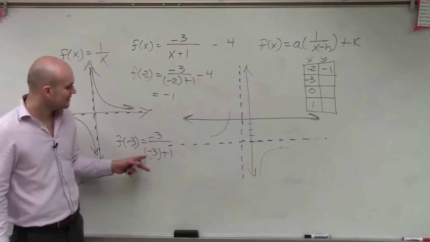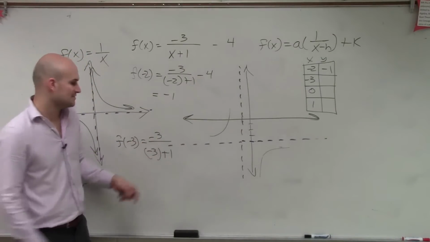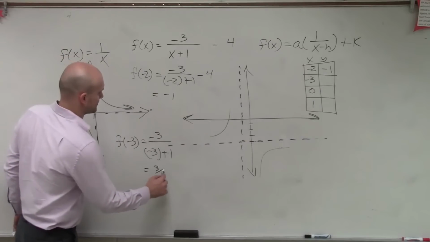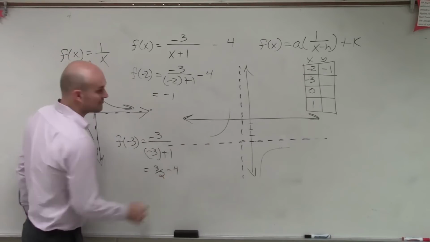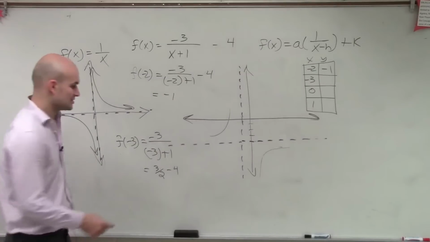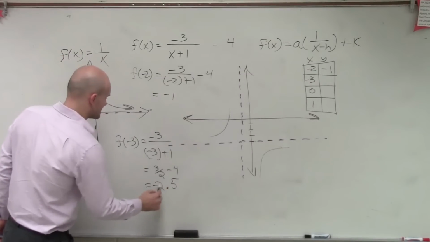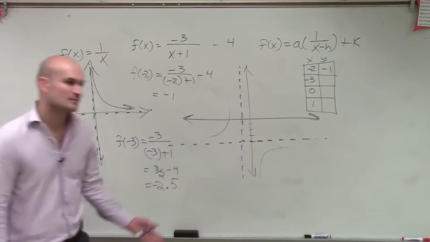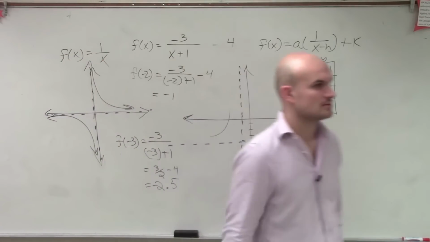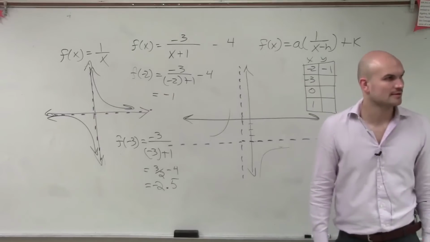Well, -3 plus 1 is -2. -3 divided by -2 is a positive 3/2. Minus 4 is going to be -2.5. Roughly, I'm just keeping a decimal to keep it up there.